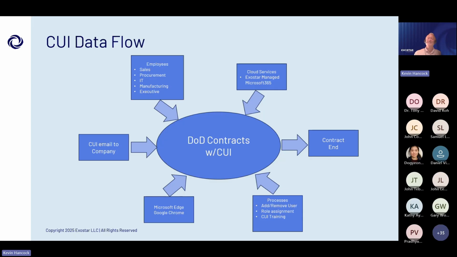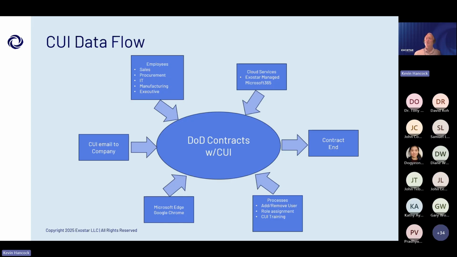So what this tracks is how CUI comes into the company, where we put it, who in the organization actually may interact with that information, what systems might do that, how do they access it, what kind of processes do we have around it, so how are we storing, processing, how are we transmitting that information, how are we saving it, etc. And then when that contract ends, how do we dispose of that information?